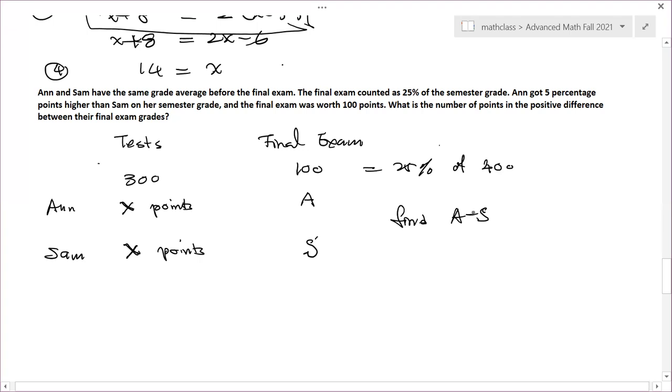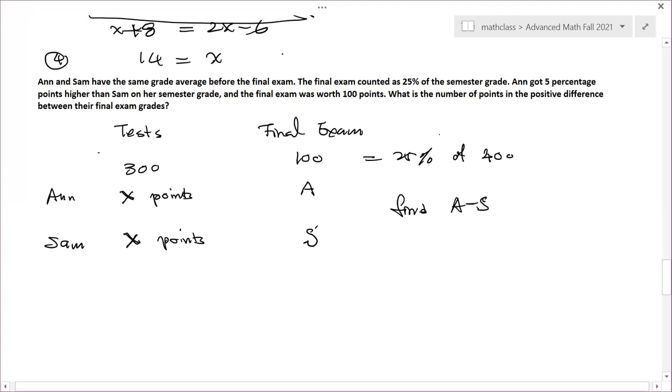We have to use another condition: N got 5 percentage points higher than Sam. So how do you calculate the 5%? Total 400 points. So N got (X plus A) divided by 400, multiplied by 100%, right? That's a percentage overall.